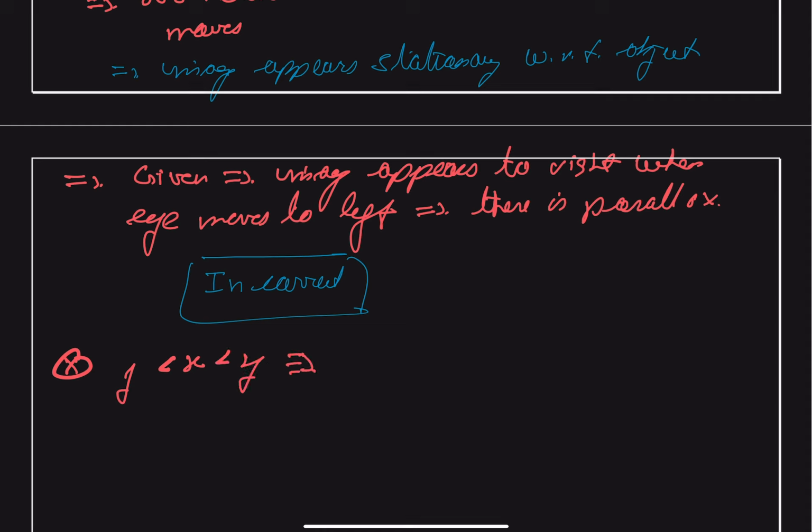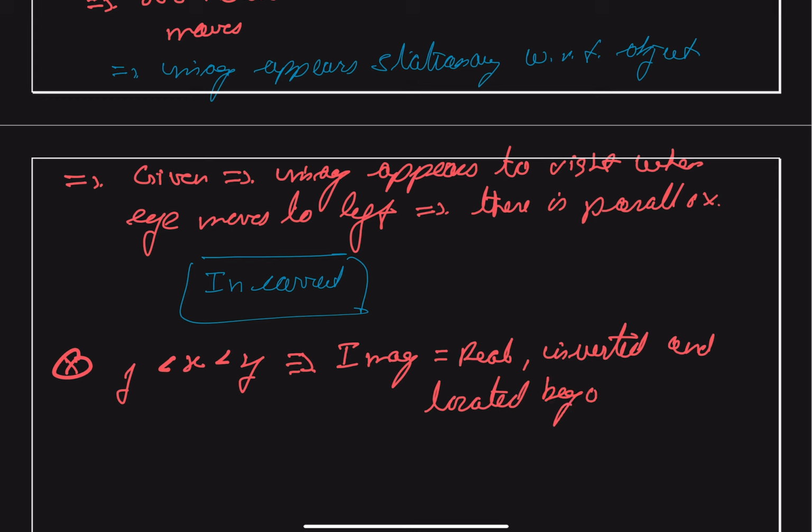In this case, the object is between f and 2f, and we get that our image is real, inverted, and located beyond 2f.